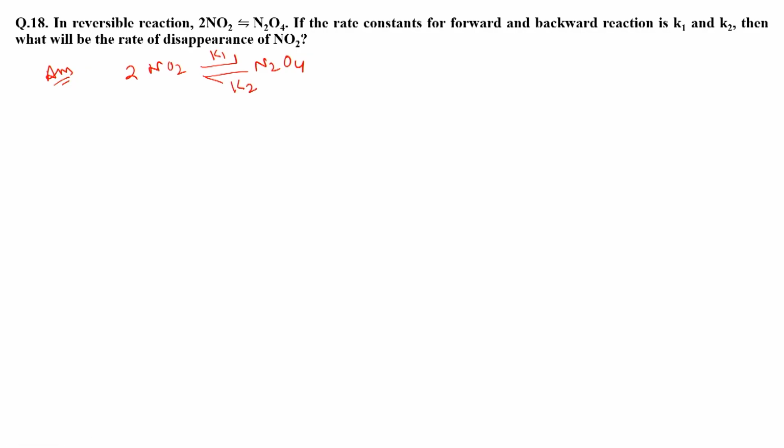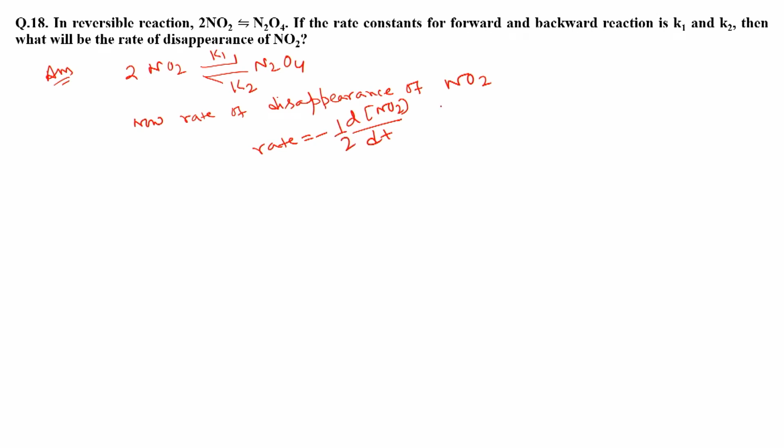Okay, so rate of disappearance of NO2 is, if we say, so we write rate is minus d concentration of NO2 by dt, and now we have a half term here because we have the two term here.